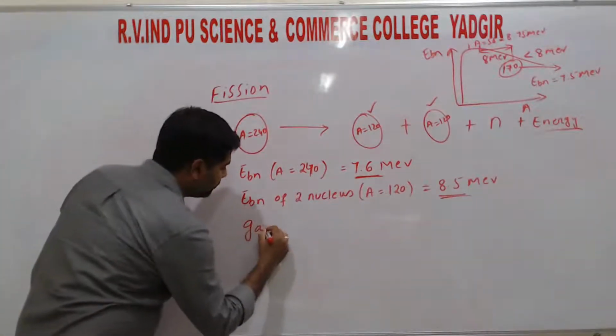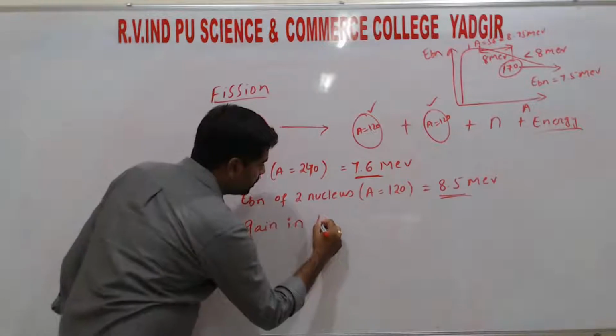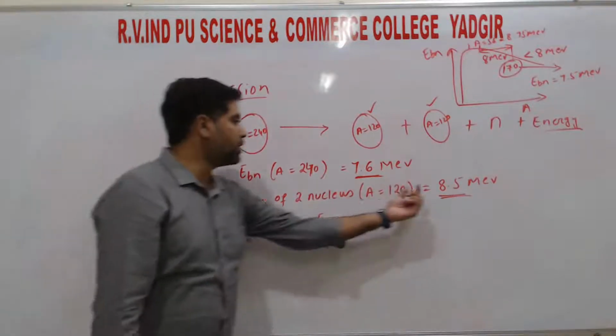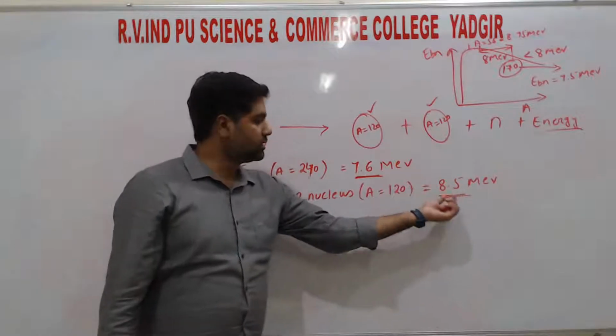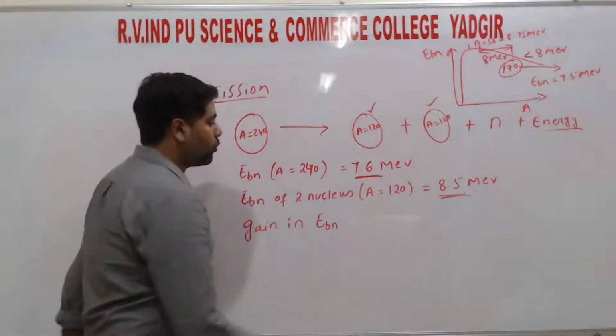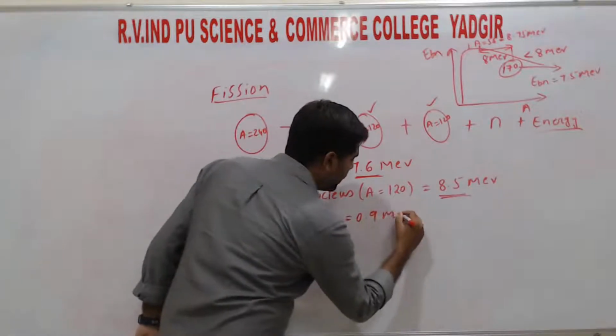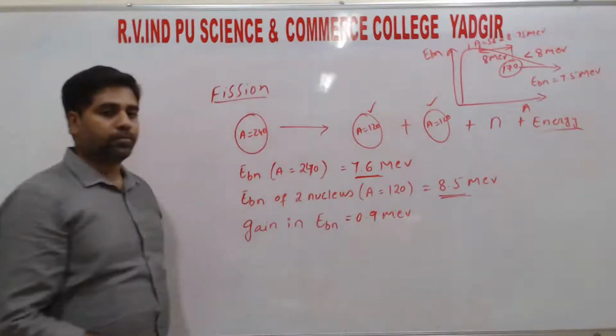Then the gain in specific binding energy is the difference of these two energies, 8.5 minus 7.6, which gives 0.9 mega electron volt, right?